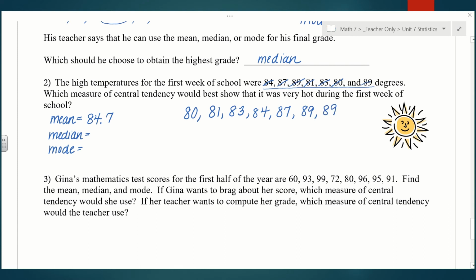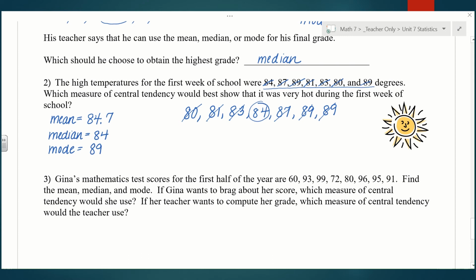All right, so there's my list of temperatures in order. We're going to cross off from the ends. We have 1 in the middle, 84. And then the mode. Which one shows up the most often? It looks like that would be 89.